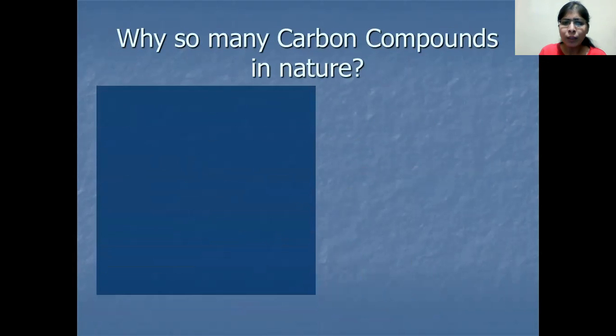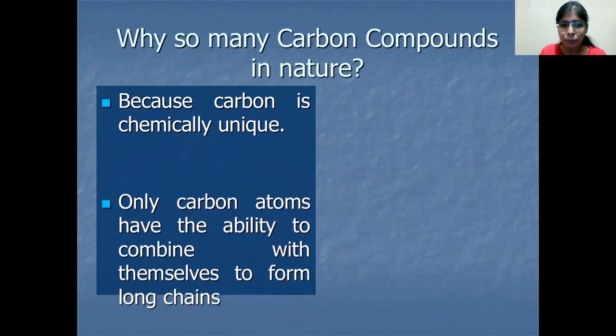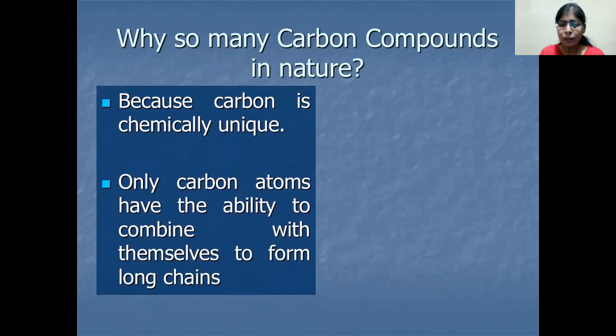Why so many carbon compounds in nature? Because carbon is chemically unique. How is it unique? There are two properties which carbon shows: one is catenation and the other is tetravalency. What is catenation?